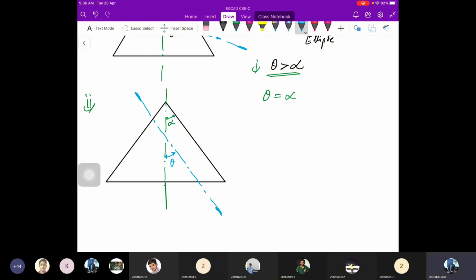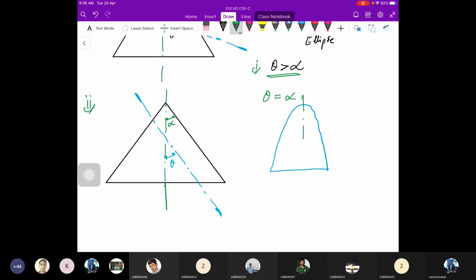Whatever cross section we are getting is something like this, and the name of the cross section is parabola.